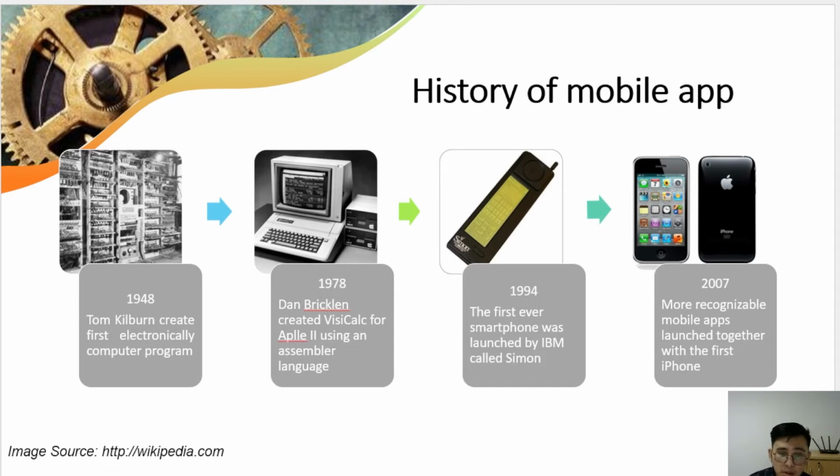It became one of the primary focuses in software engineering, which is to make a program that could be used anywhere or could adapt to other places. So that's why it was called a mobile application.